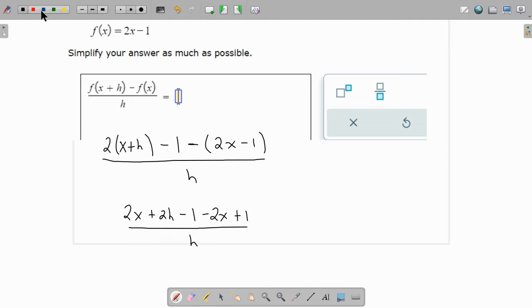The 2x's cancel and the 1's cancel. Because we're just dealing with quadratics and linears, everything without an h should cancel. So you're left with 2h over h, and now we can cancel the h's.